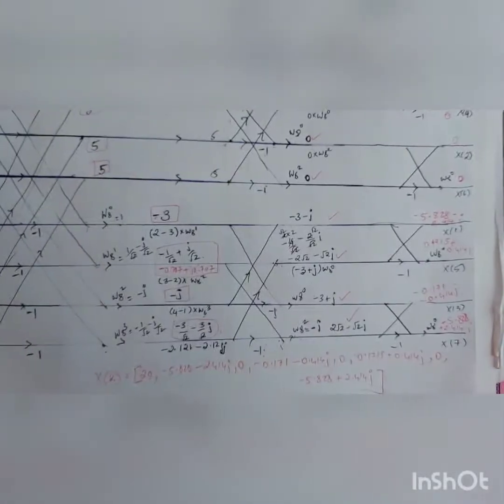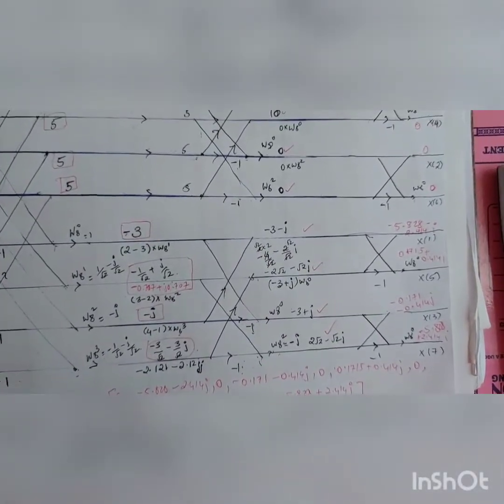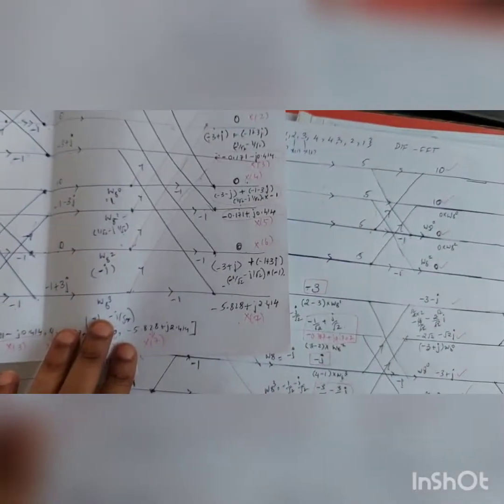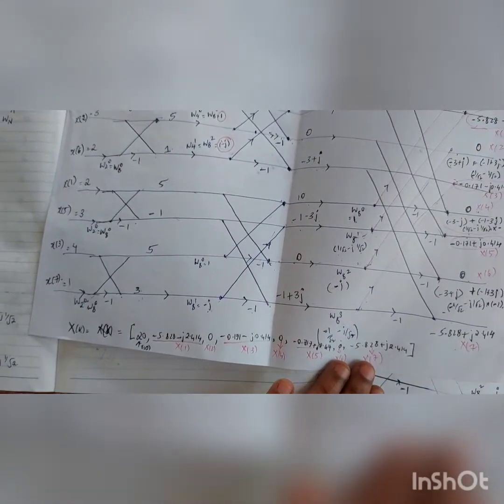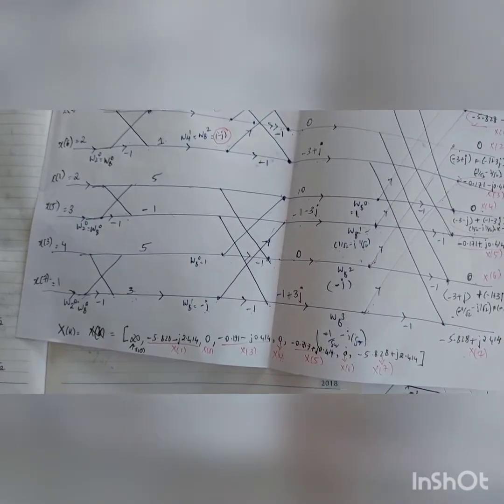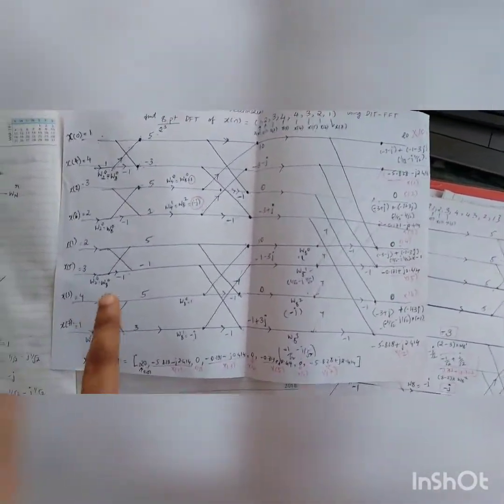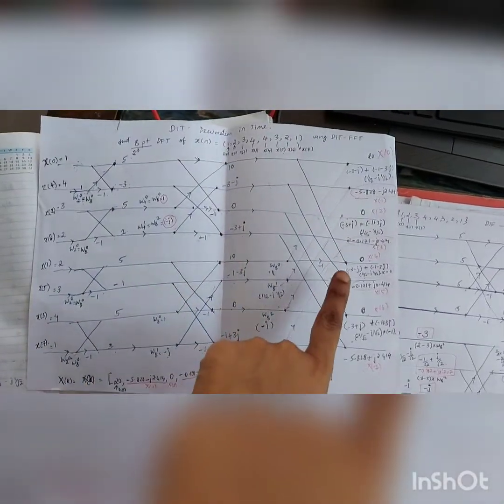This is same as what we got using DIT FFT also. See, these were the values we got using DIT FFT. So the values are the same. Got it? So this was your DIT, decimation in time, where you had 2 point, 4 point, 8 point.